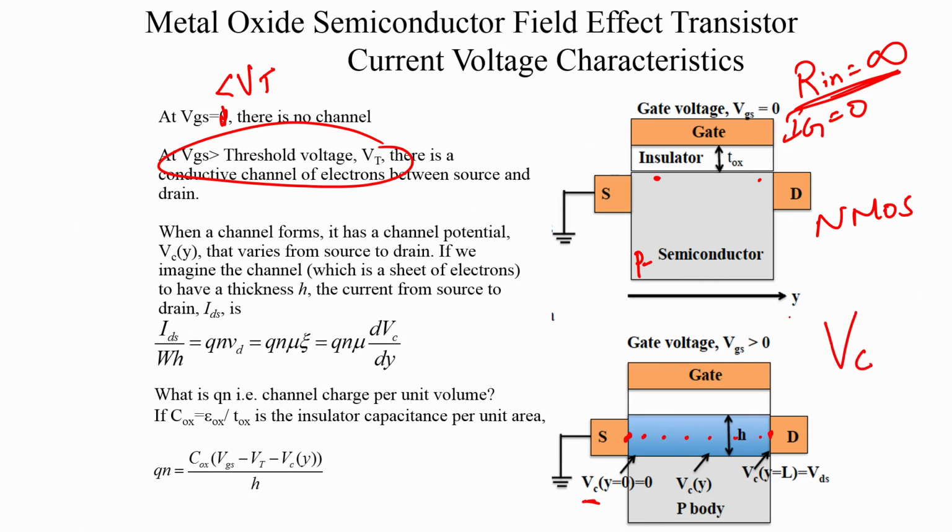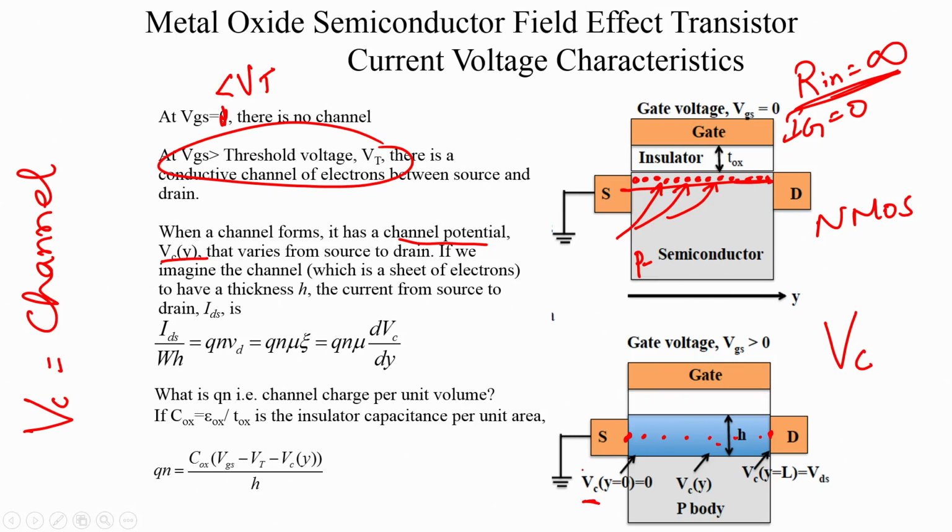We have created an N channel, an electron interface. We are going to go around with the voltmeter and measure the potential of this channel of electrons from the source to the drain, with respect to the source, and we are going to call that potential Vc.